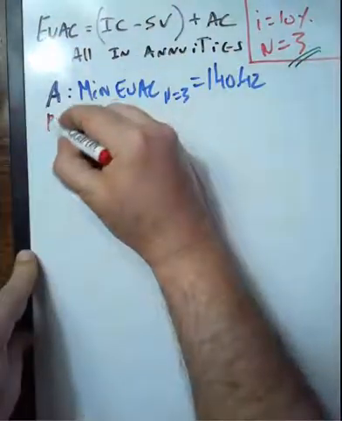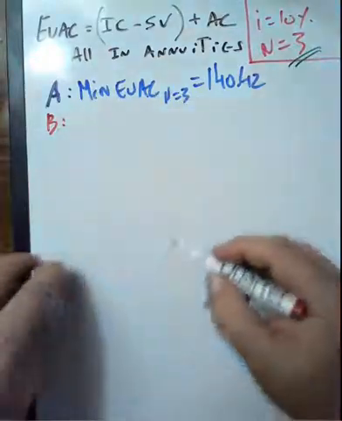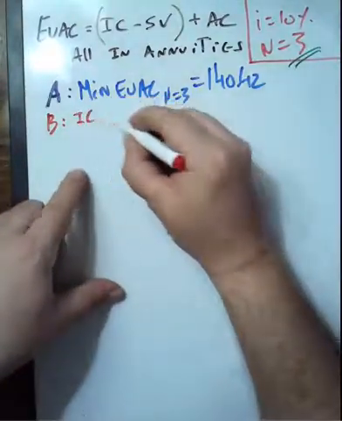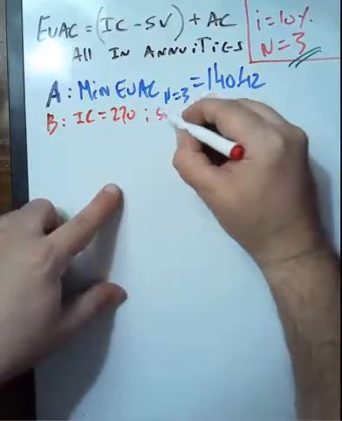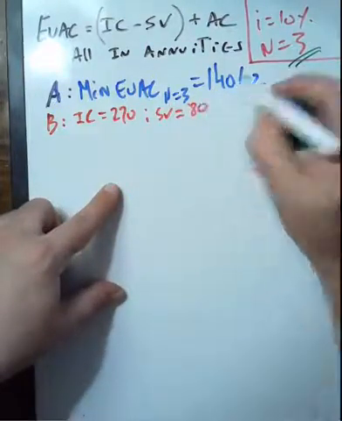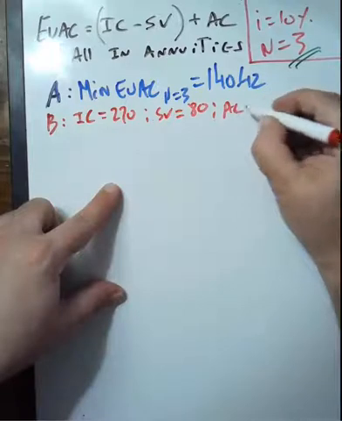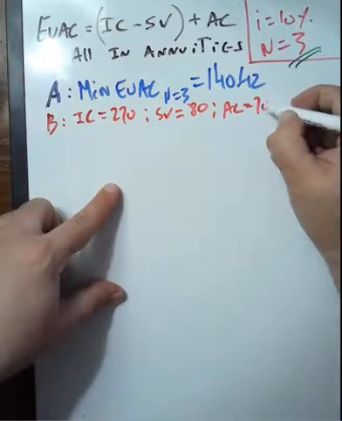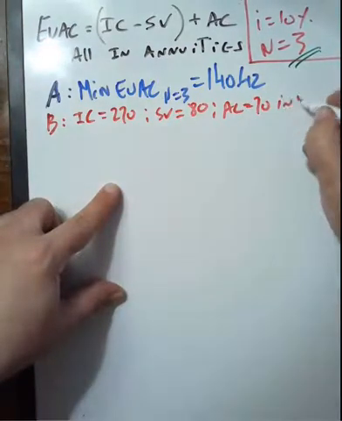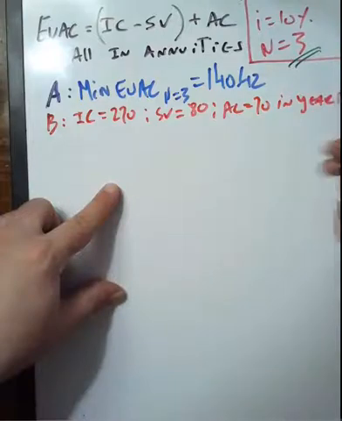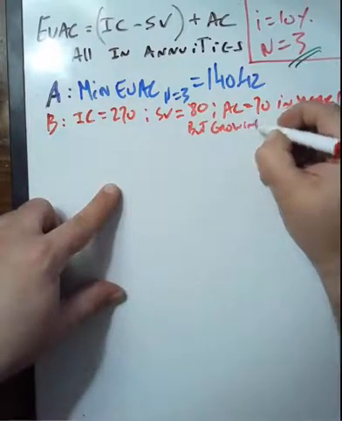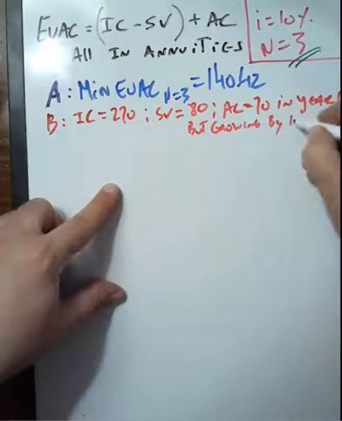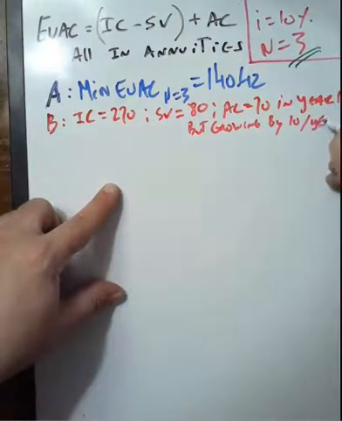So for machine B, just recall that we had an initial cost of $270, the salvage value of 80, an annual cost of 70 in year 1, but growing by $10 per year.